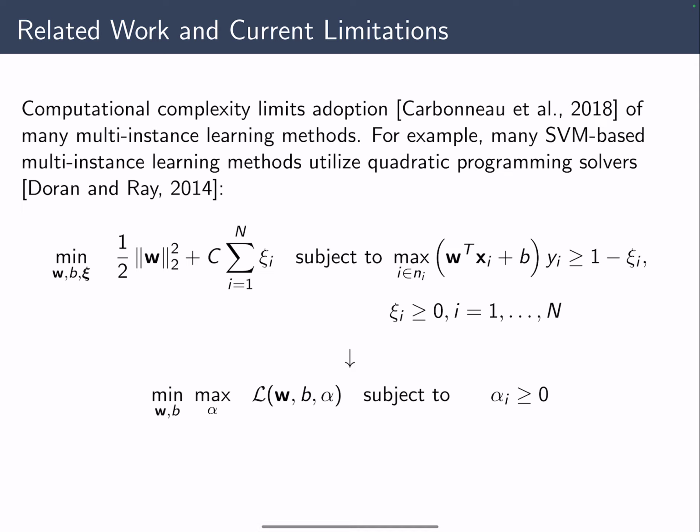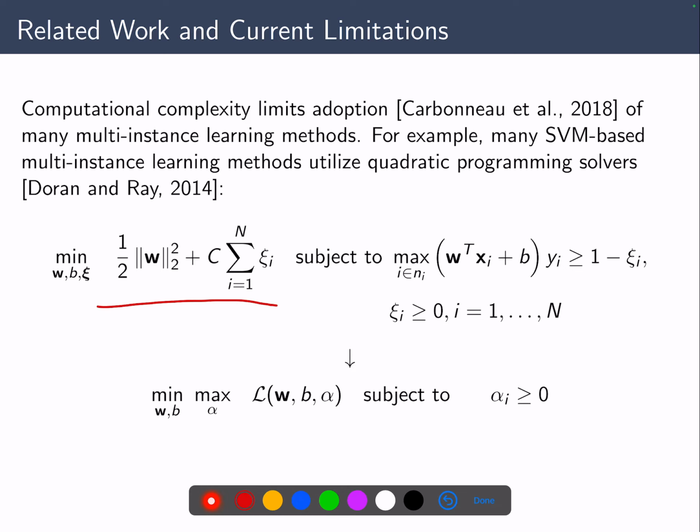Additionally, survey papers note that many of these multi-instance learning methods are not adopted due to their computational complexity requirements. This is because many of these SVM-based multi-instance learning methods utilize quadratic programming solvers to optimize their primal objectives. Here we have the primal objective for a multi-instance SVM.